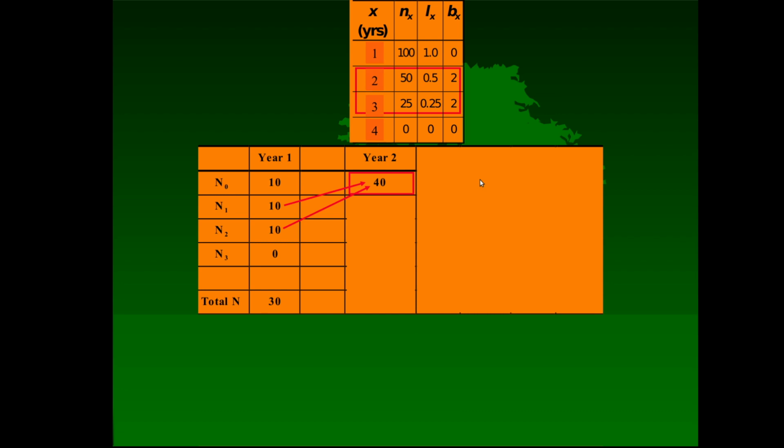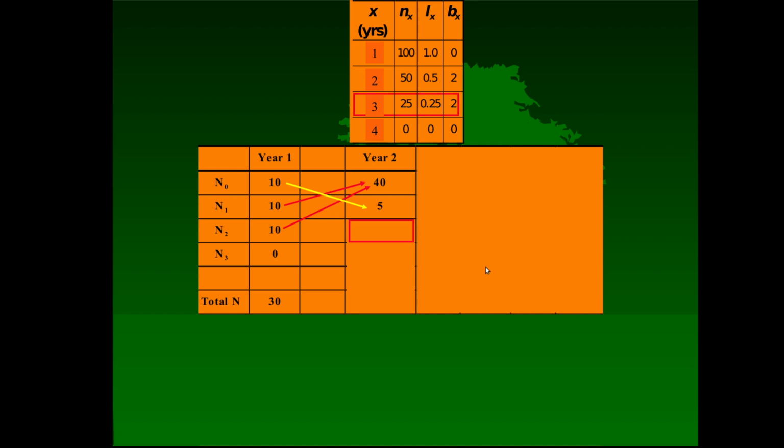Now, how many individuals of age 1 will we have next year? Well, the only way we can get individuals of age 1 is from individuals of the previous age, individuals of the previous year. But these have a survival rate of only 50%. So only half of these 10 survive the next year, giving only 5 individuals of this age in year 2.